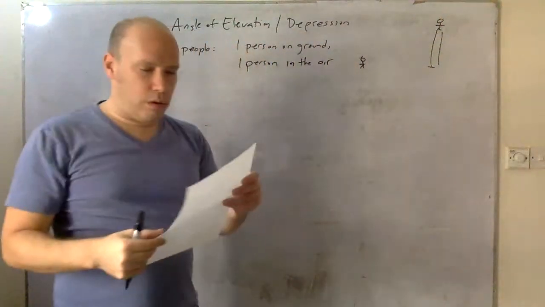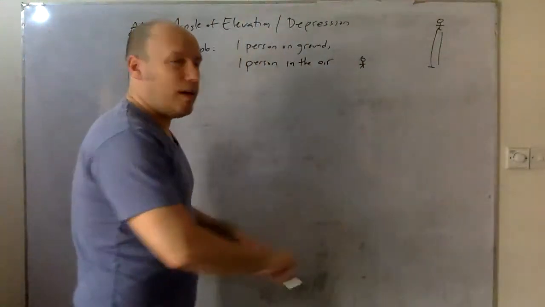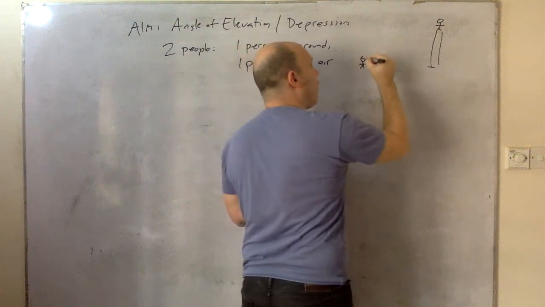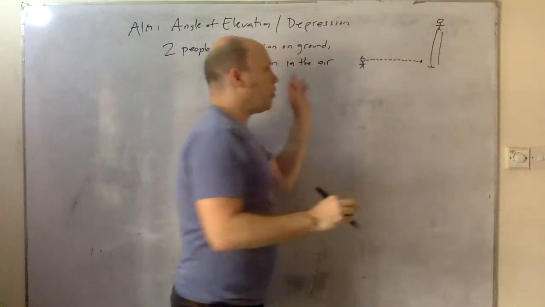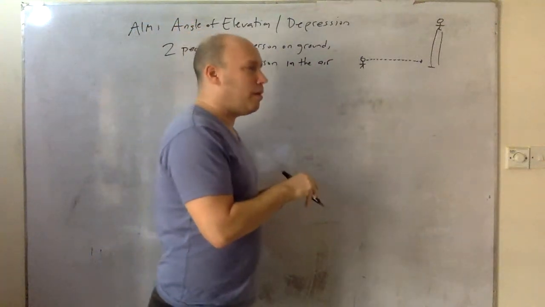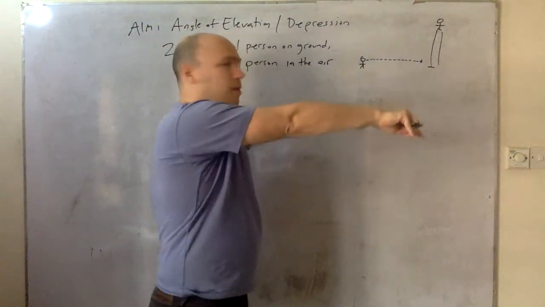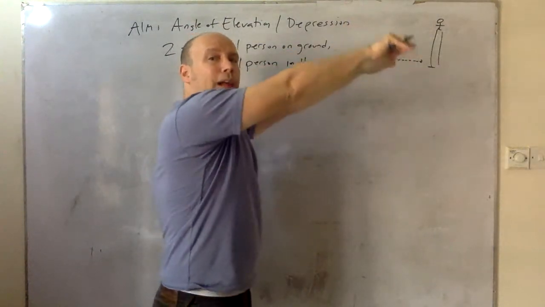And so the first thing we're going to do is start with the person on the ground. The person on the ground is looking forward. The person is walking towards the tower, and then he kind of stops and looks up, and you see my arm going up. You can see my arm elevating.